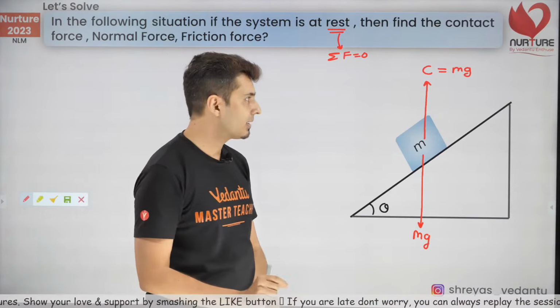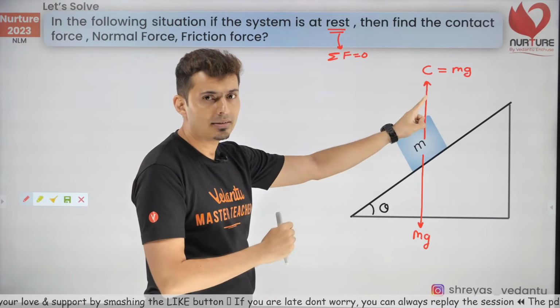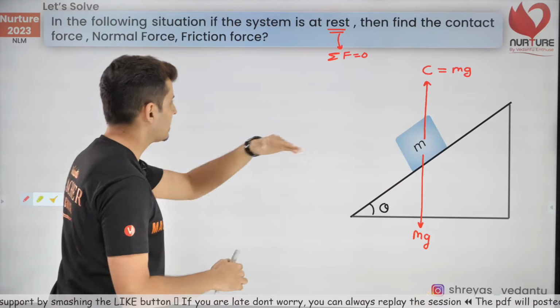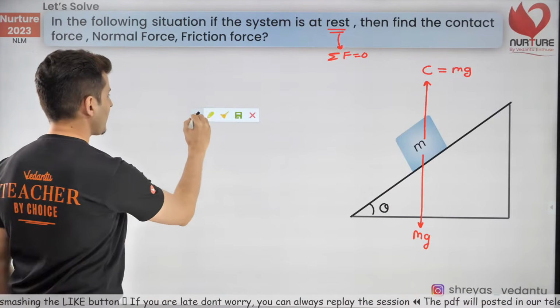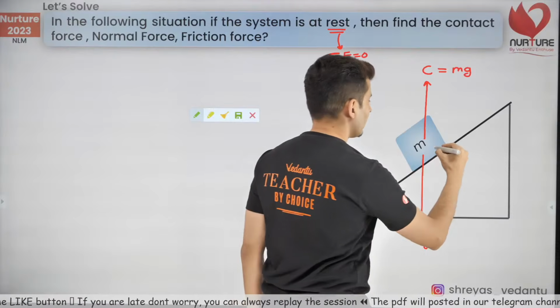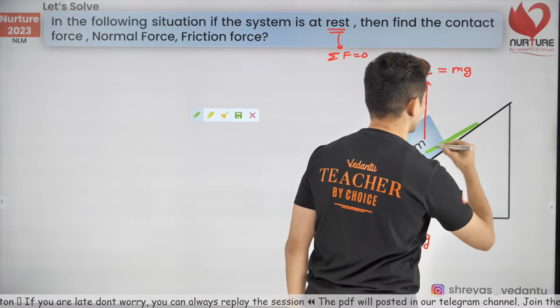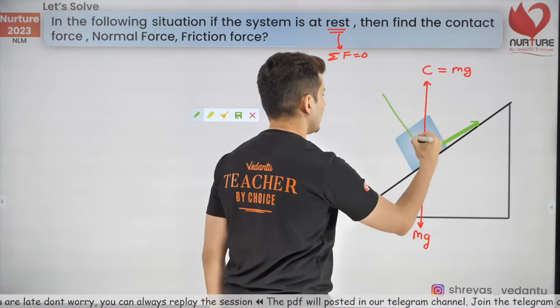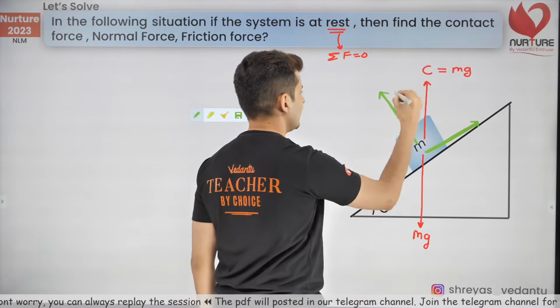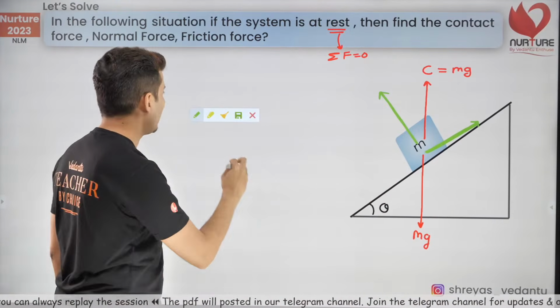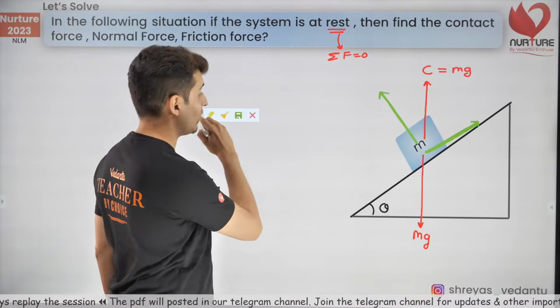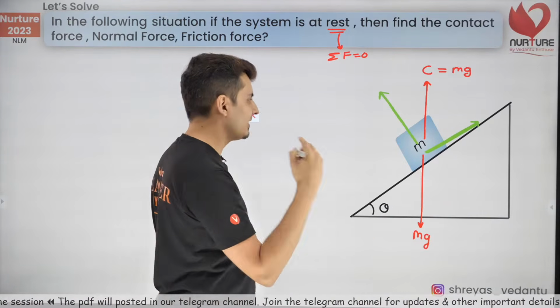Now, the next part: contact will have two components, one perpendicular and one along the surface. So, let's do that. One is along the surface like this and one is perpendicular to the surface. Remember my method of 8 division. If you have missed that lecture, please watch it in the replay.